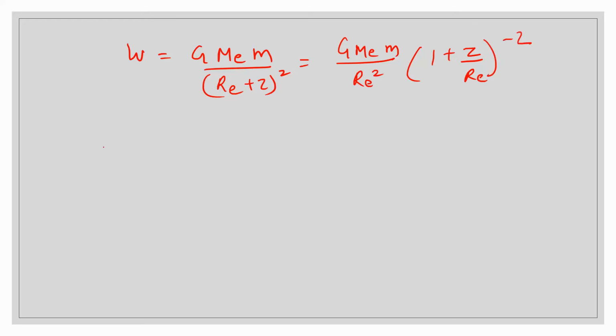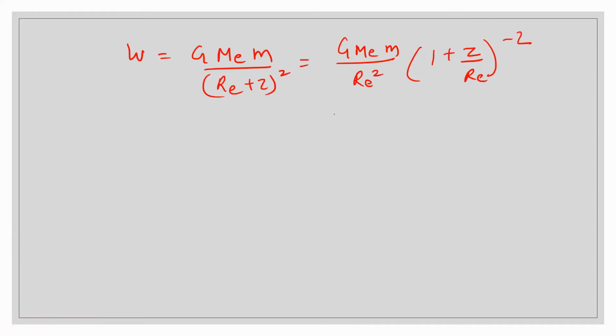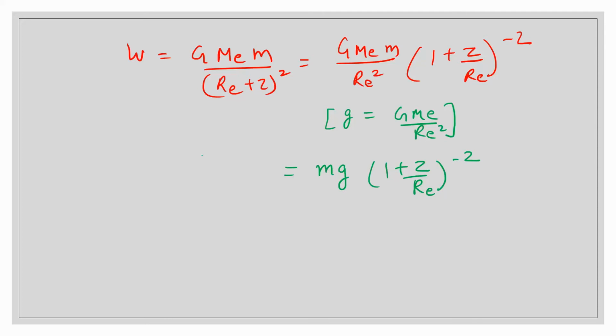Now I can use the expression connecting g with the universal gravitational constant G, so g is equal to G M_E by R_E square. So I will write it as mg (1 plus z by R_E) to the power minus 2. So this is my W.